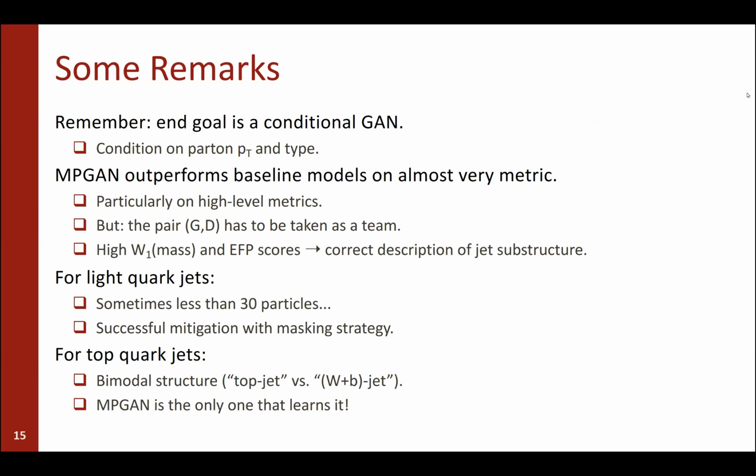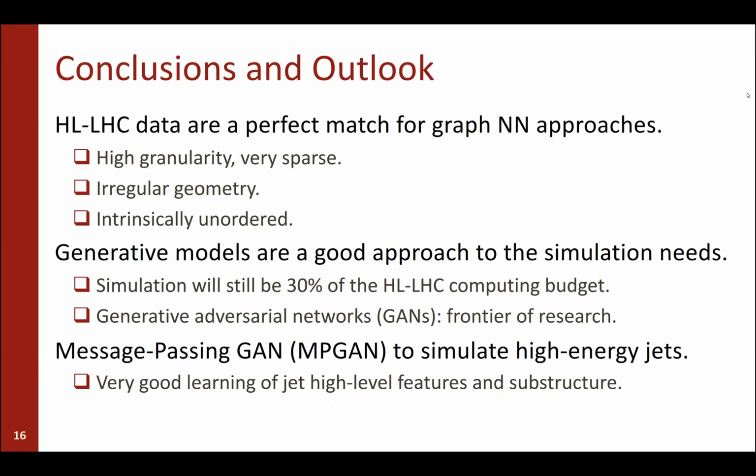Slide number 16 is the conclusions and outlook. As you have seen, as I have tried to tell you, the high-luminosity LHC data are a very good match for graph and graph neural network approaches. High granularity, very sparse, irregular geometry, and intrinsically unordered. This is literally made to fit graphs. And we believe that using generative models can solve the simulation apocalypse, the computing apocalypse that's coming our way.